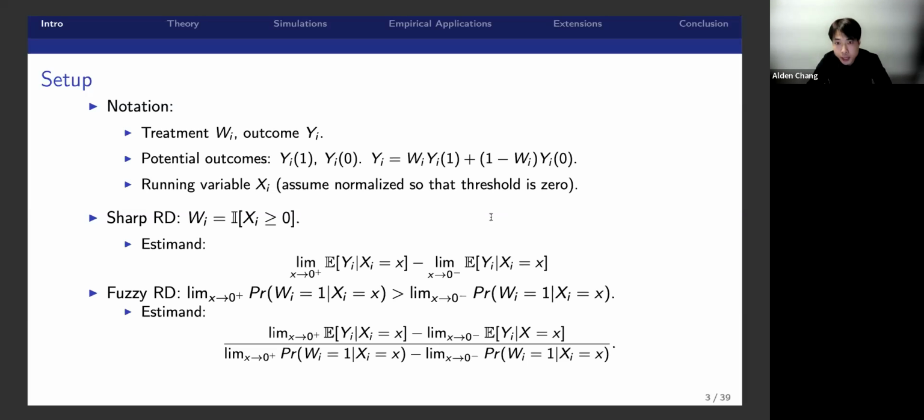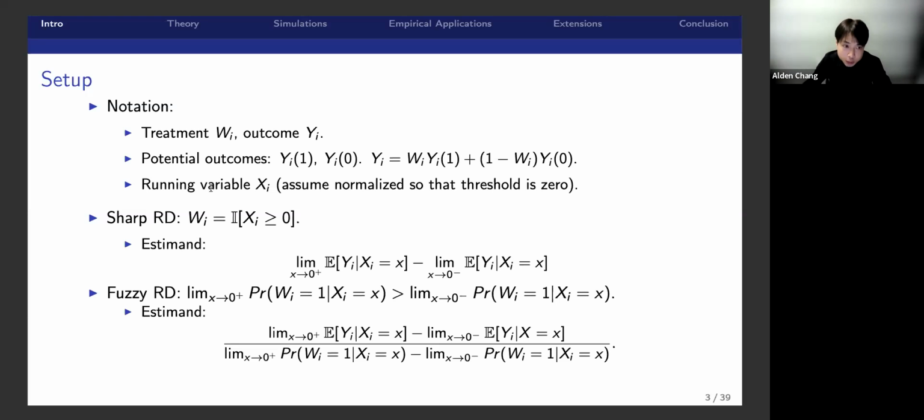Now, we only ever see one of these, specifically Y1 if the individual is treated and Y0 if she's not treated. So even though the difference is the treatment effect that we're interested in, we can't really estimate it at the individual level. Now, the key point in RD designs is that we have a running variable xi, which has an effect on individuals' treatments.